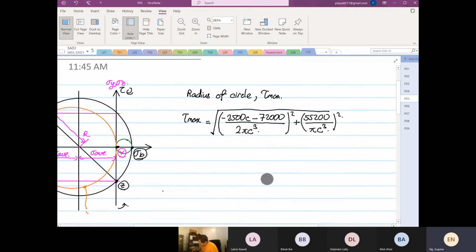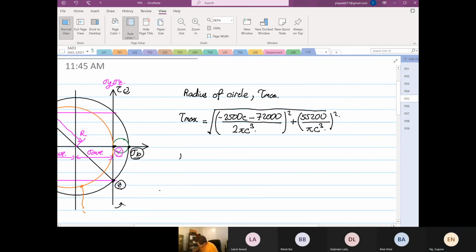So we're going to find our stress max, and we also want to find our stress mean. Tau max, oh, hold on.